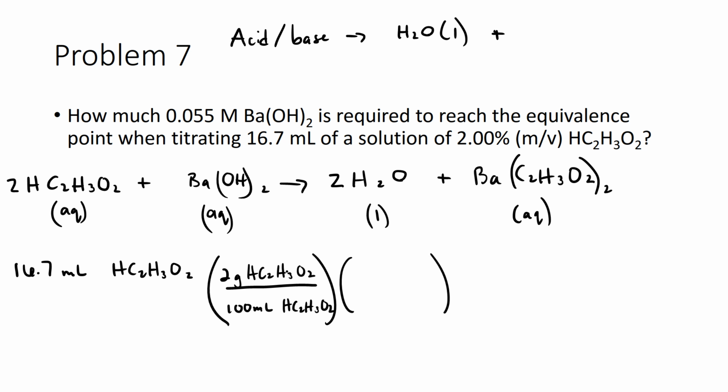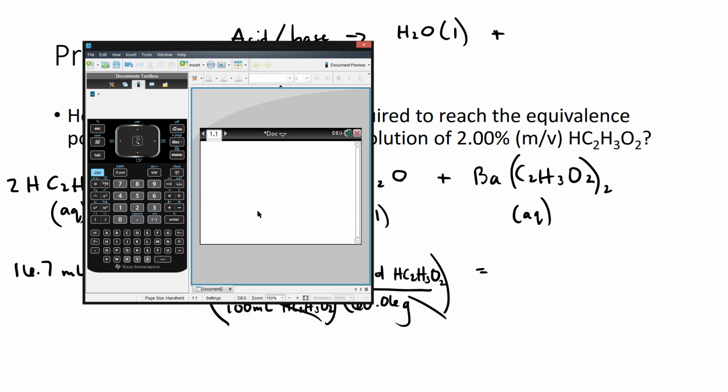Next, we're going to use the molar mass of acetic acid to get the number of moles that we're dealing with. And acetic acid is 60.06 grams per 1 mole of acetic acid. So if we go ahead and do this calculation, you'll see the milliliters cancel out, the grams will cancel out, and our answer will be in moles of acetic acid.